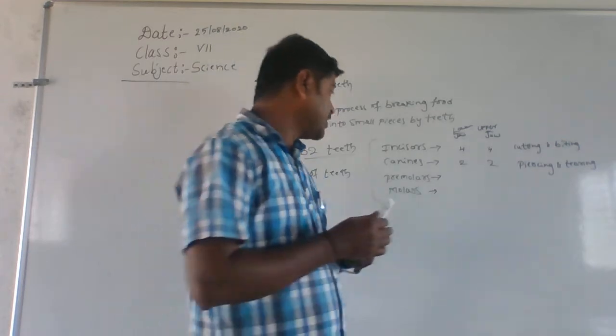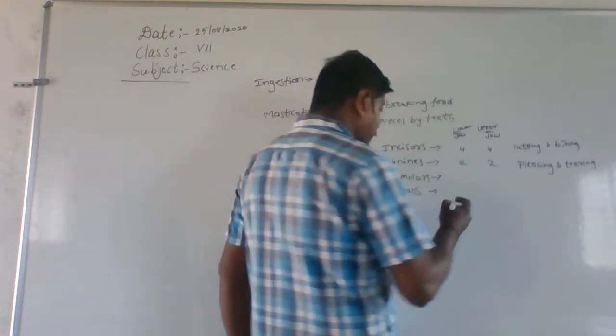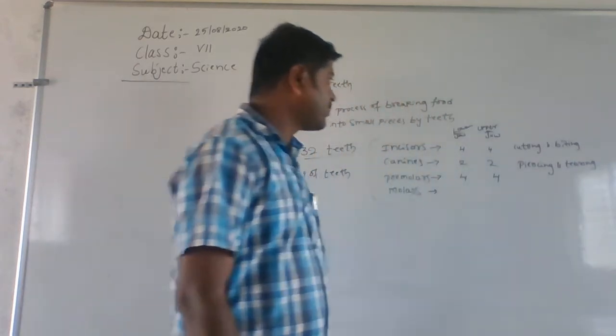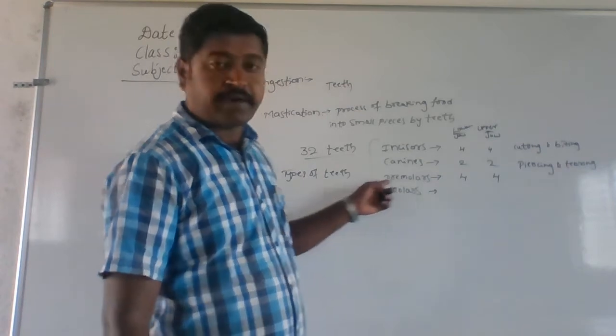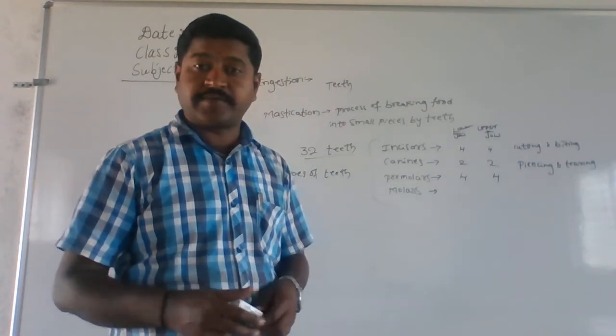Then beside those canines, we find four premolars on the lower jaw as well as on the upper jaw.